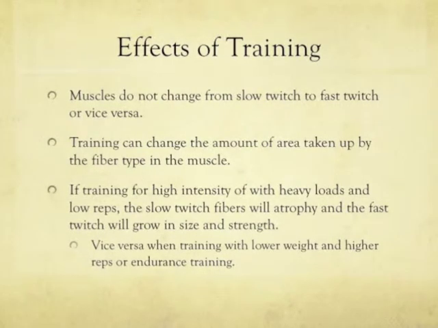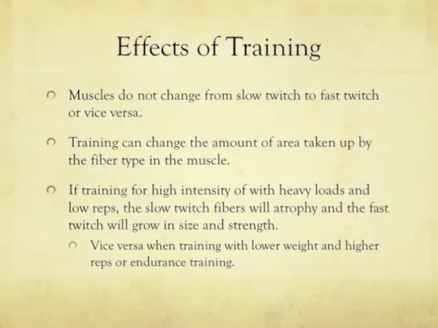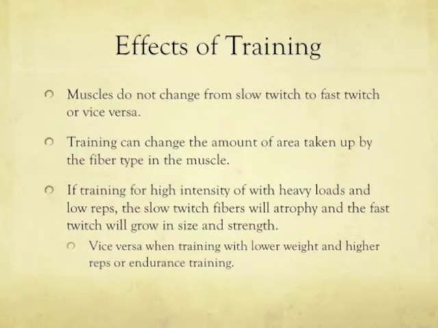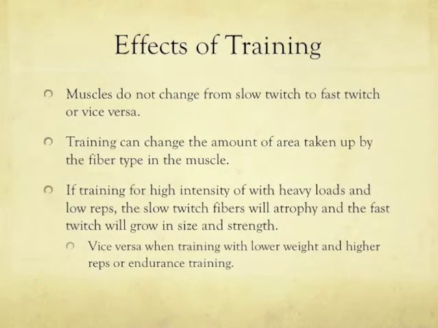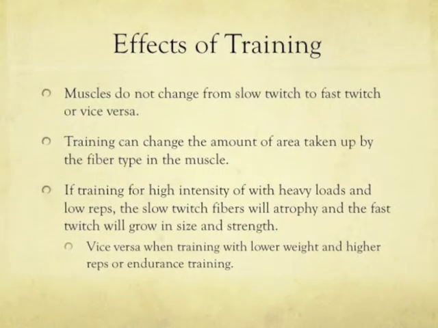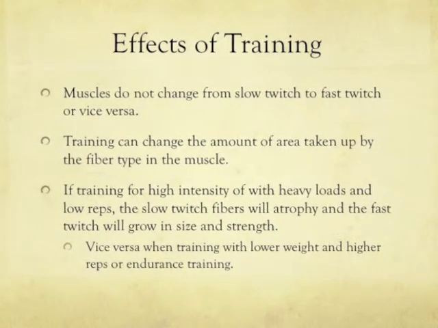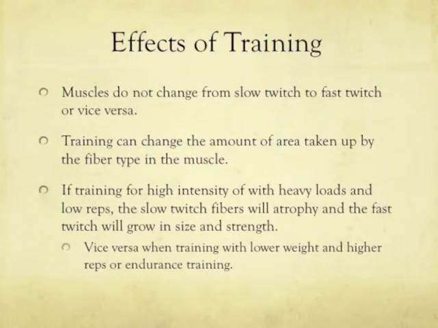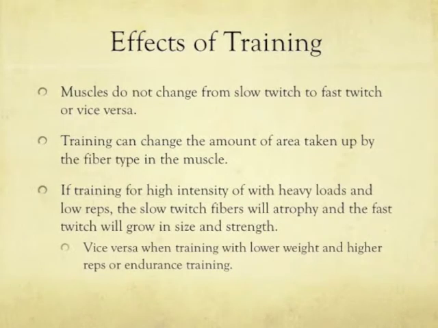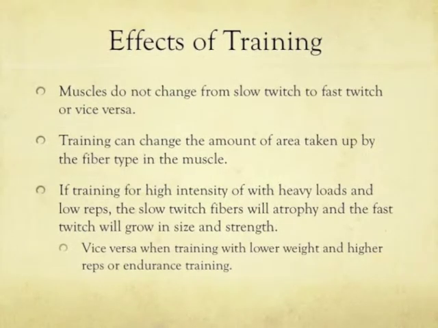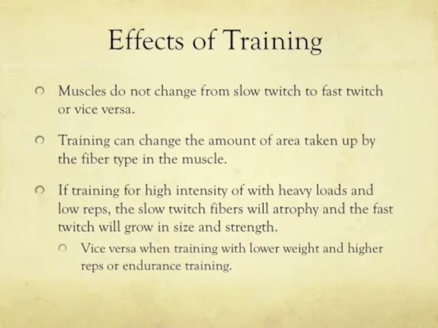Okay, so after figuring out one's muscle fiber composition, now it's down to the training. You have to know that muscles do not change from slow twitch fibers to fast twitch fibers, or vice versa. Training can change the amount of area taken up by the fiber type in a muscle, meaning hypertrophy of either type 1 or type 2 muscle, but they cannot change in appearance or the amount of actual muscle that's there.